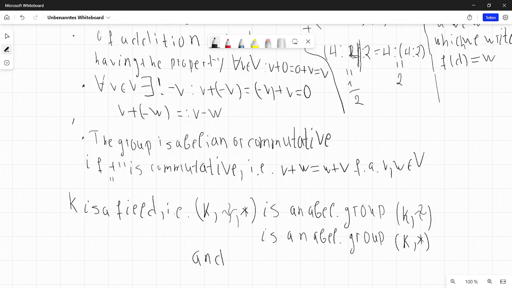The neutral elements of those operations we just call, you see, the neutral element is in the definition of the group, right there above.